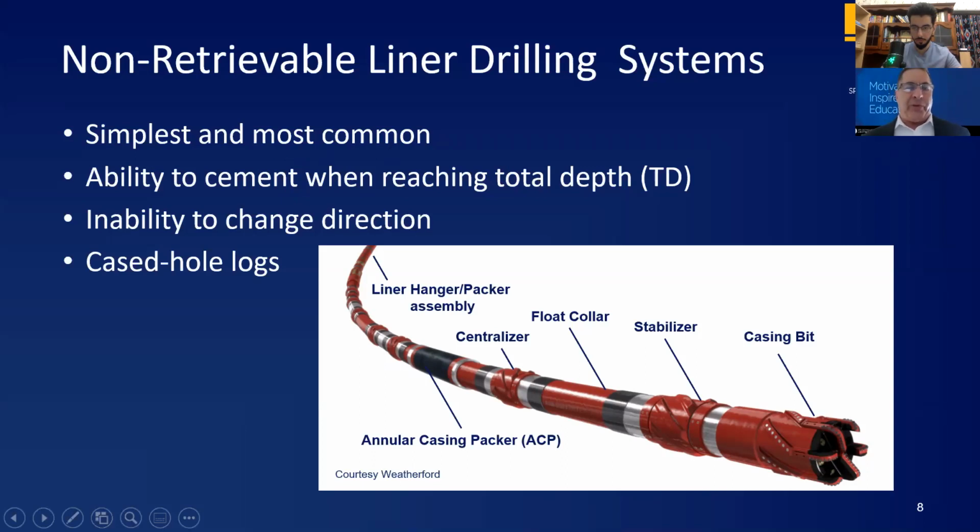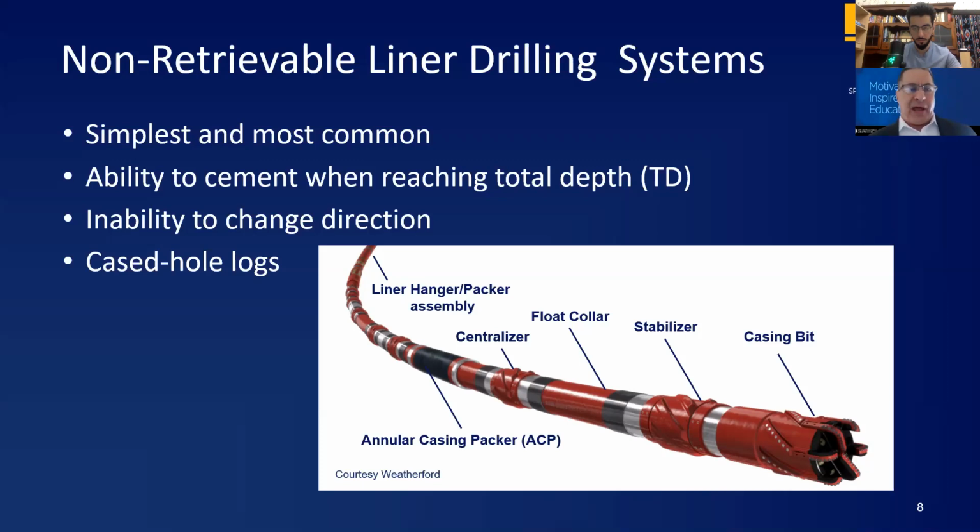Anecdotally, talking with operators, and I've seen several of these cement jobs, you do get a better cement job when you drill with liner or drill with casing versus conventional. And the reason I think this is, when you're drilling with liners and casing, you typically don't get the jet velocity or hydraulic horsepower through the bit.